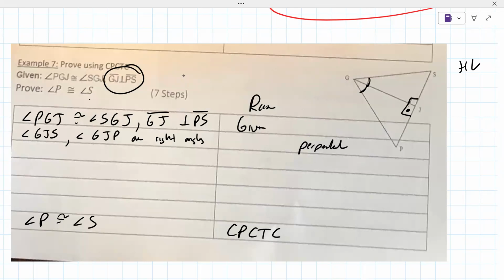No. Okay. If you have no idea, you can just say perpendicular lines meet at right angles, or you can say definition of perpendicular segments.